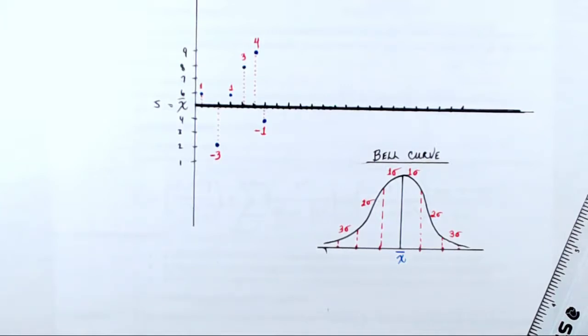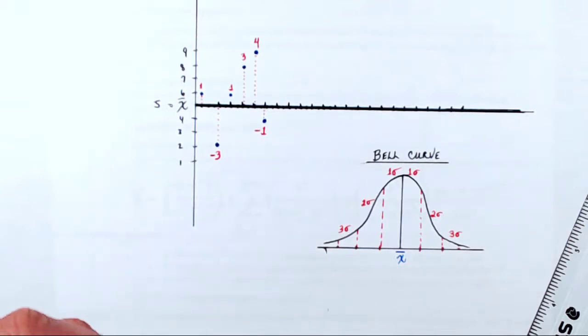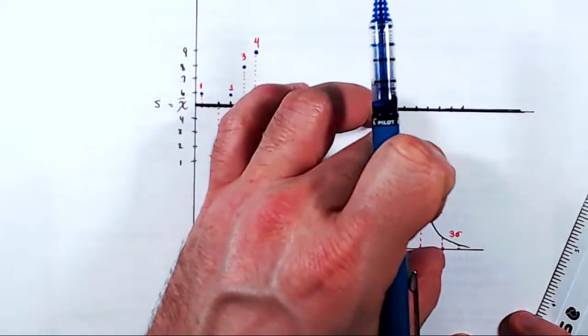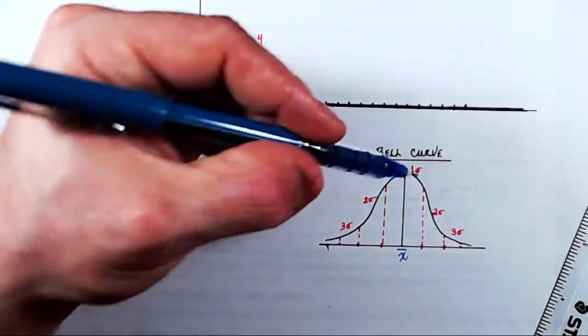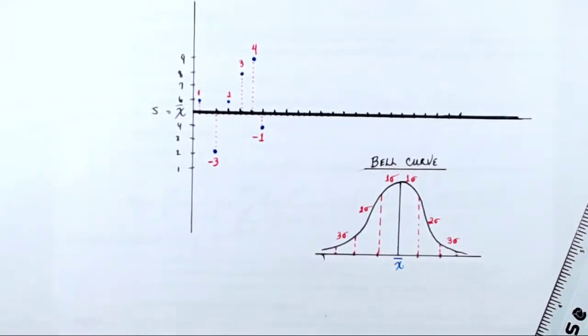Now, what does it mean? Again, you have to keep asking. You've got to ask your teacher or yourself, what does it mean? Well, if we think about this, where is most of the area of this bell? Most of the area is contained here in the bulbous part of the bell between my fingers, right? So within 1 standard deviation in either direction of the mean, a lot of the area is accounted for.